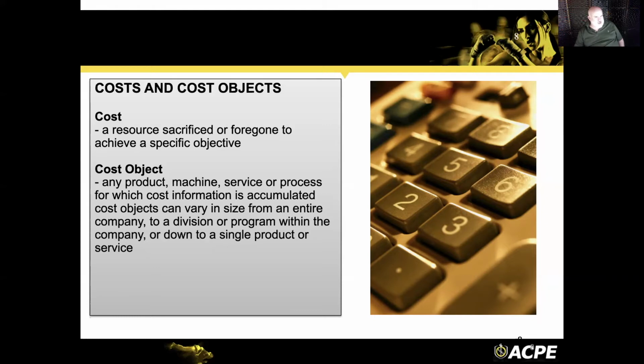So a cost object is any machine, any level of production or any unit or anything we produced for which cost information is accumulated or accounted for, okay?